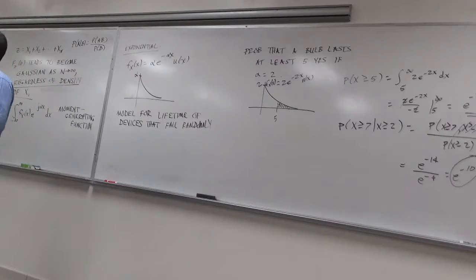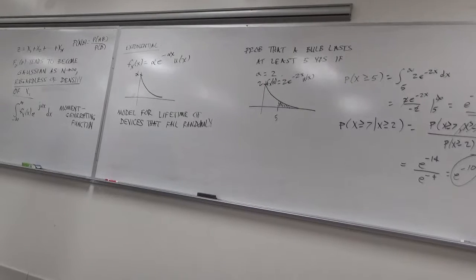So do you see what I was saying about why you don't change light bulbs just because they've been in service for a while? If I start that light bulb from day one, the probability of it lasting at least 5 years is e to the minus 10. If I say, oh, that bulb's already been in there 2 years, what's the probability it's going to last another 5 years?